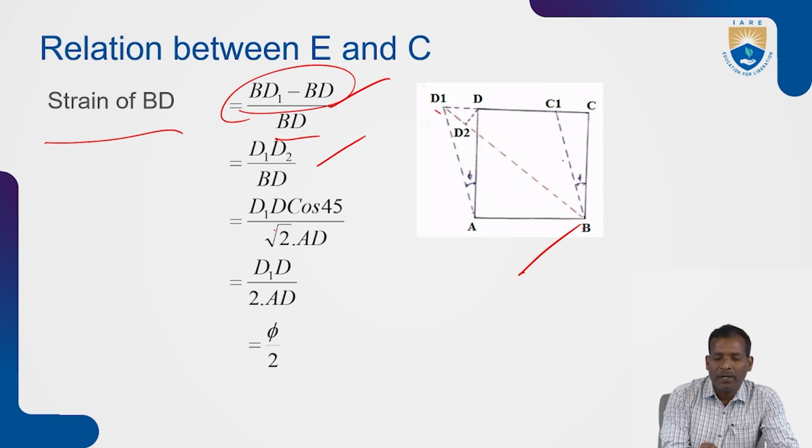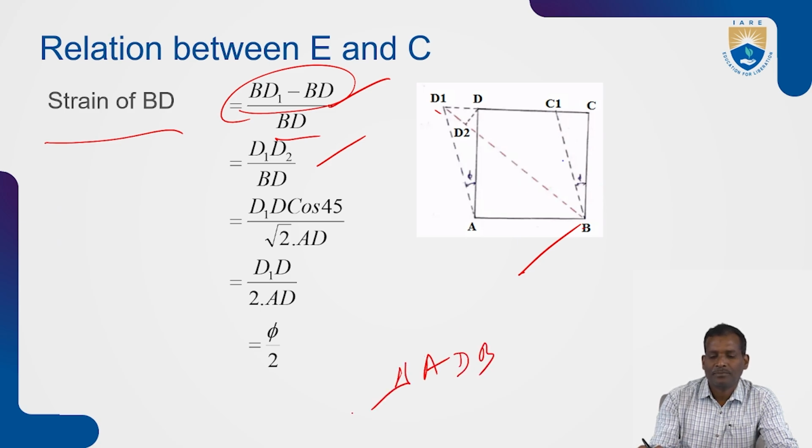So now D1D cos 45 by BD, and BD is equal to root 2 AD. Take this triangle ADB.